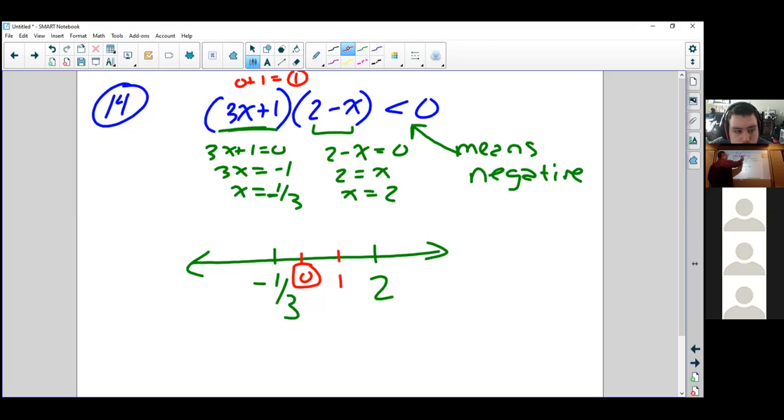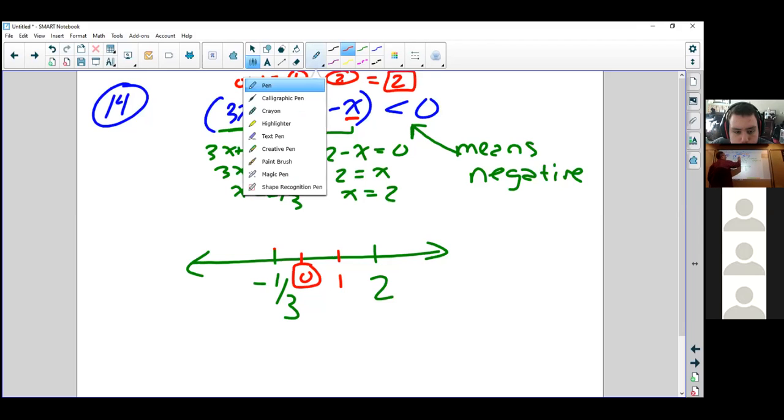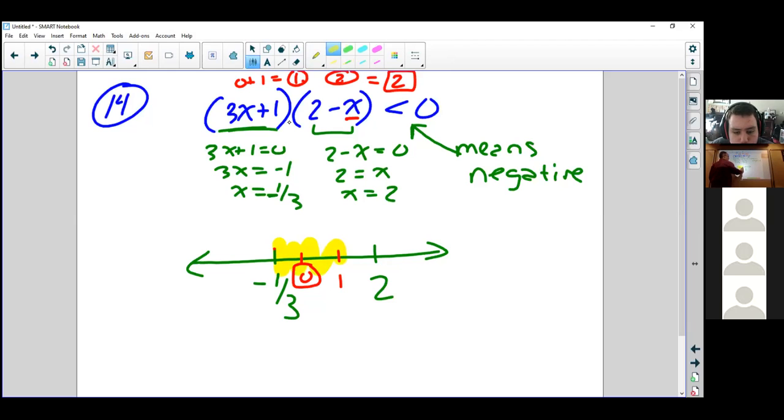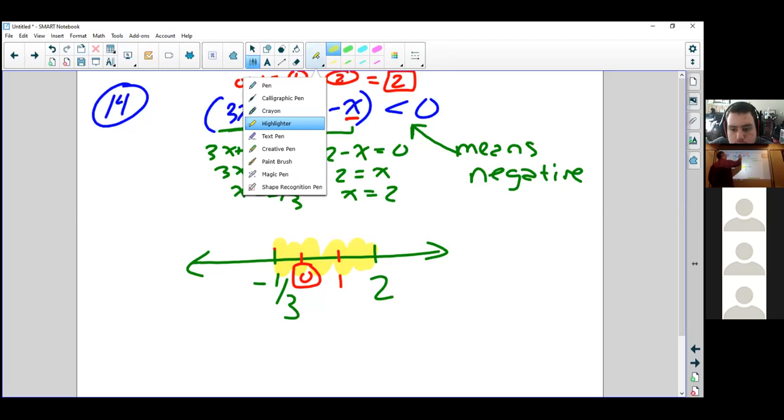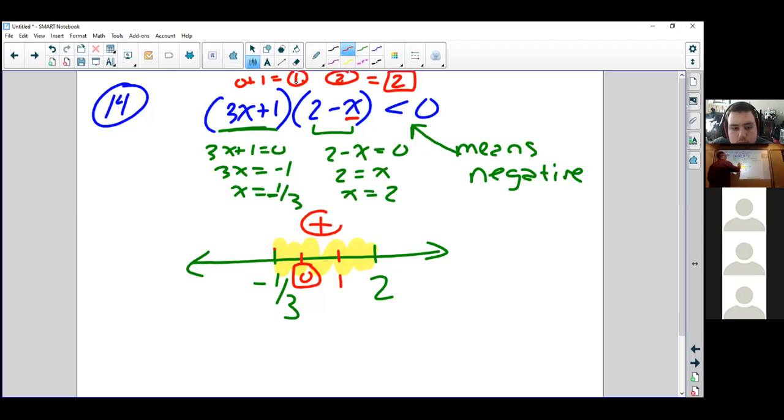And then if I plug 0 in here, I get 2 minus 0, which is 2. 1 times 2 is equal to positive 2. So that means this region in between these is going to be positive. That means out here is negative and out here is negative.